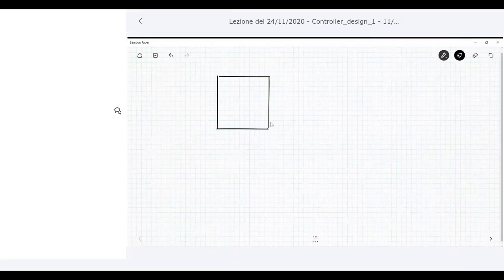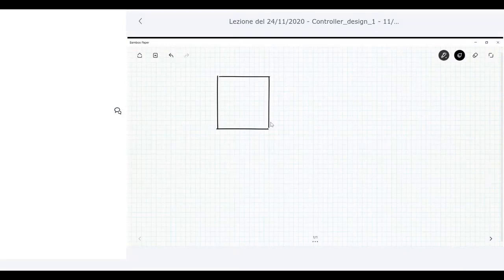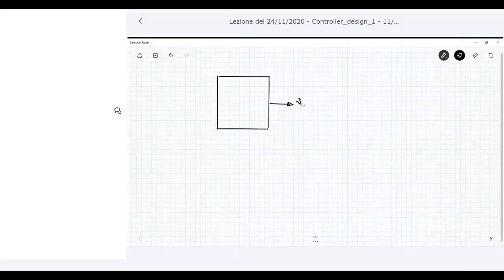This is my converter, and it can be described in terms of a generic block inside which you can have the buck, the boost, the buck-boost, etc. Its main output is the V0 voltage, and then you have the input voltage, the output current I0, and the duty cycle, which is your control quantity. So this is a switching converter.